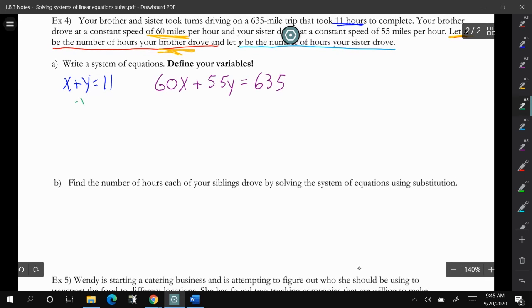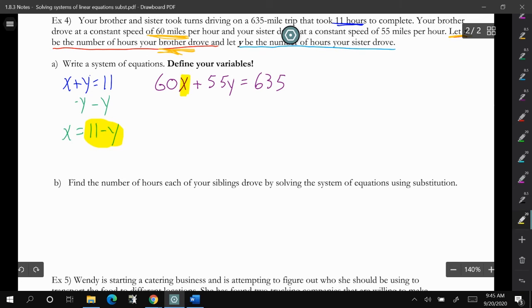So let's just subtract y then. So x equals 11 minus y. So then we will substitute that in for x. So then we get 60 times 11 minus y plus 55y equals 635.